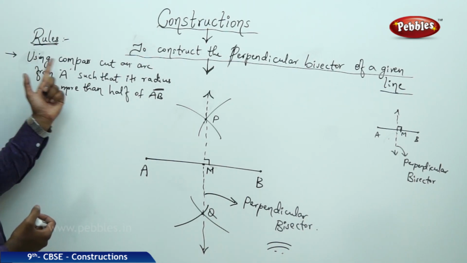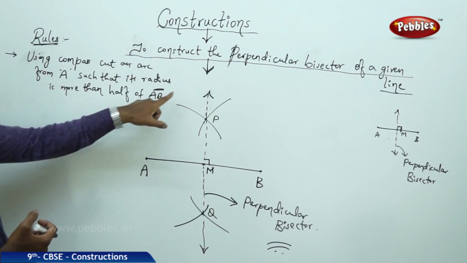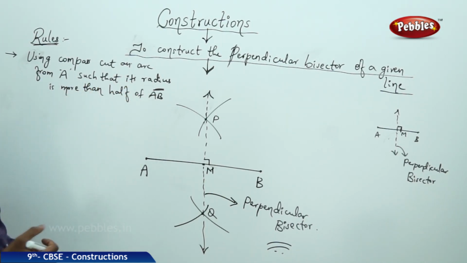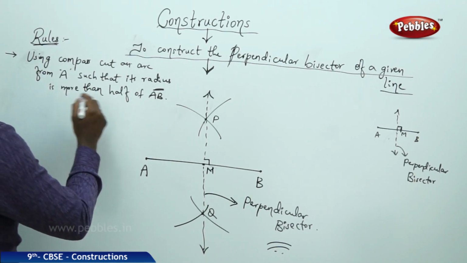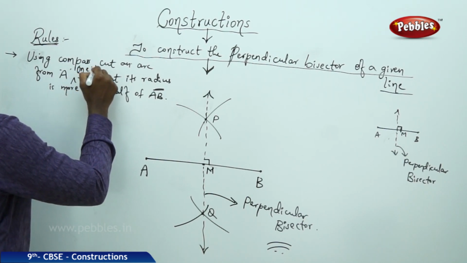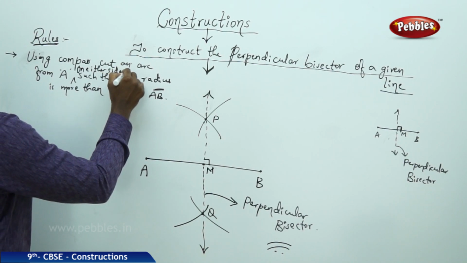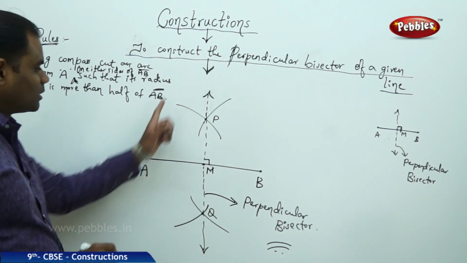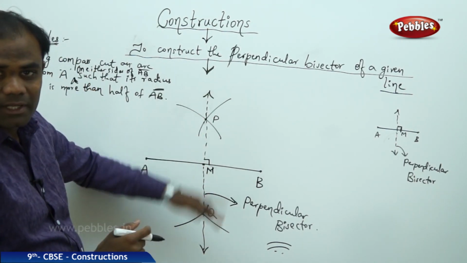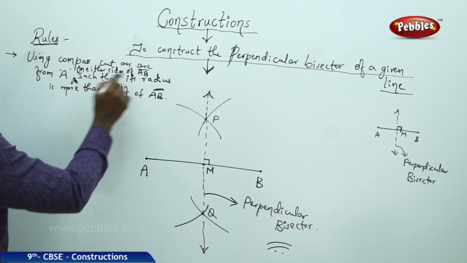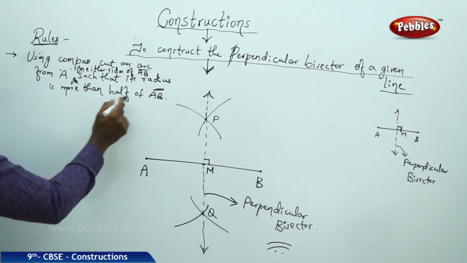So, using the compass, cut an arc from point A such that its radius is more than half of AB, on either side of AB, because we don't cut the arc only on the top but on either side of the line AB, here and here.